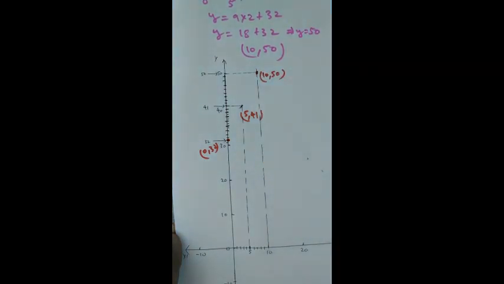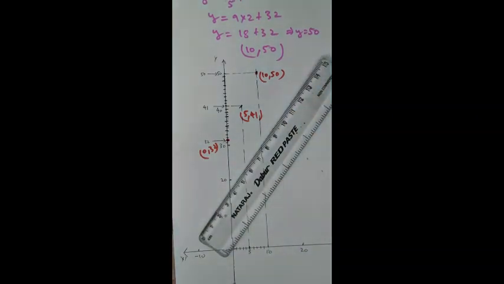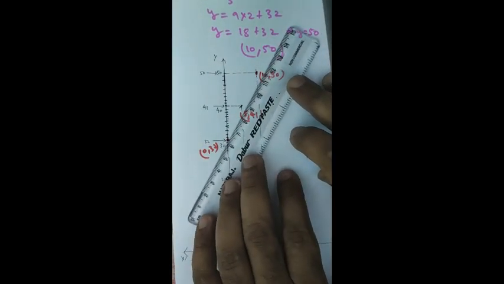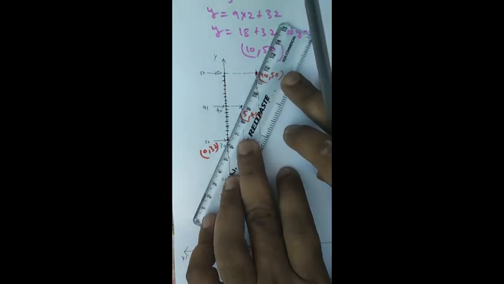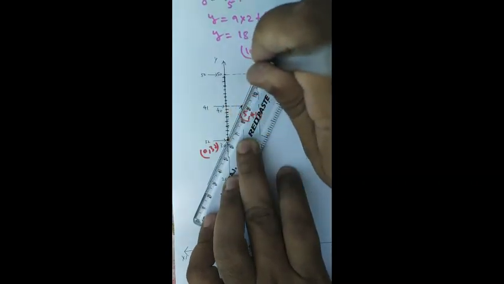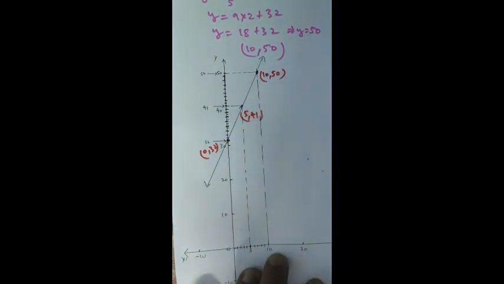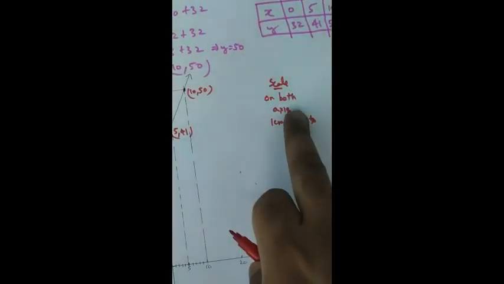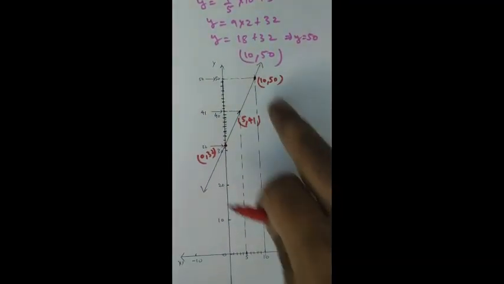Now we will draw the line which passes through all these three points. And this line in fact is forming a straight line, you can see clearly. So this will be the line of the given linear equation in two variables. And here the scale I have written over here. X dash, y dash I have written, and the coordinates as well.